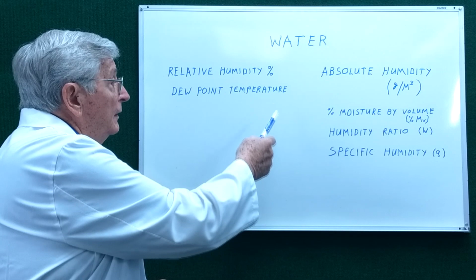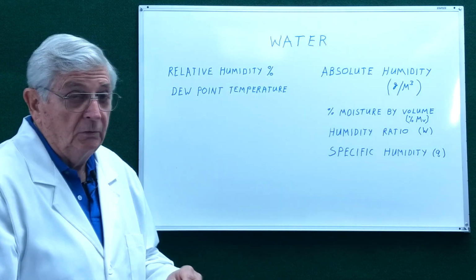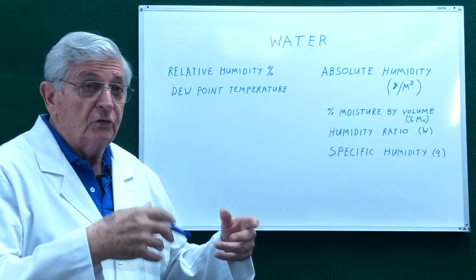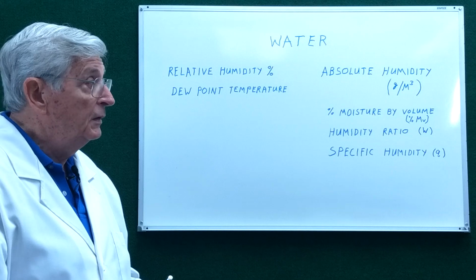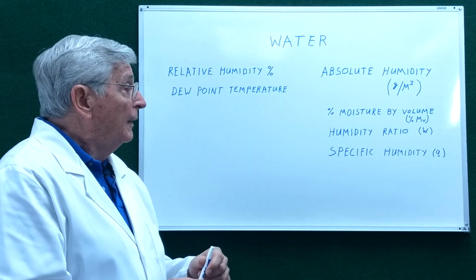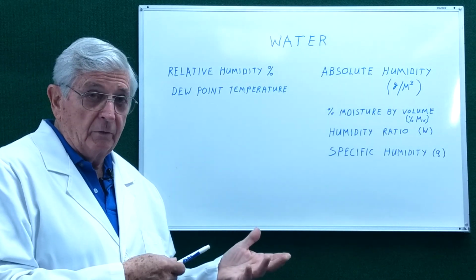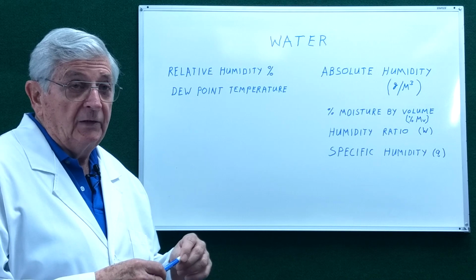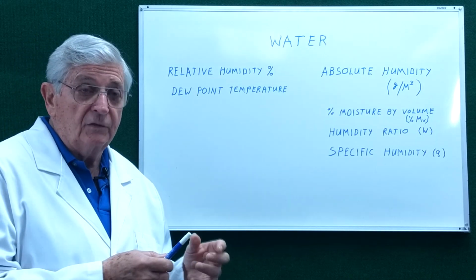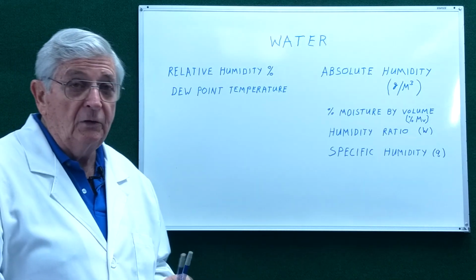Relative humidity is usually given in a percent of the maximum possible humidity, which depends on the temperature and pressure of the air around us. And as we cool down air that has moisture in it, we eventually reach a point where the moisture will condense into liquid water, and that's called the dew point temperature.